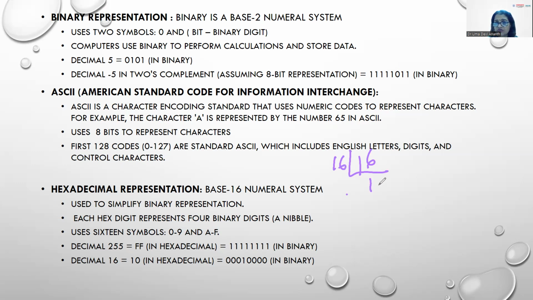So 16 will go 1 time and the remainder is 0. So what we are getting over here is 1, 0. So 16 is represented as 1, 0 in hexadecimal.